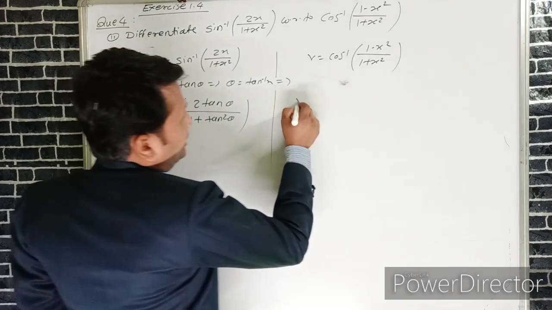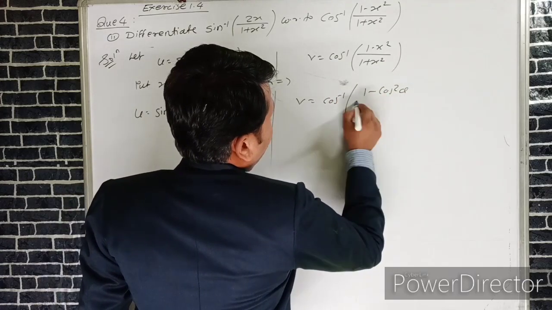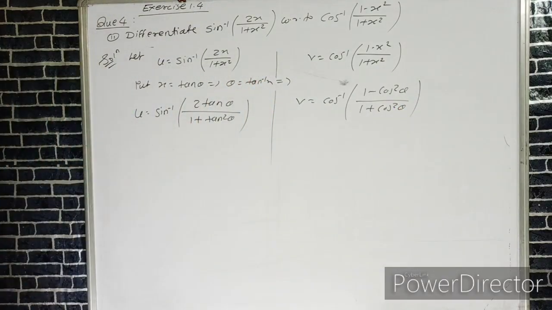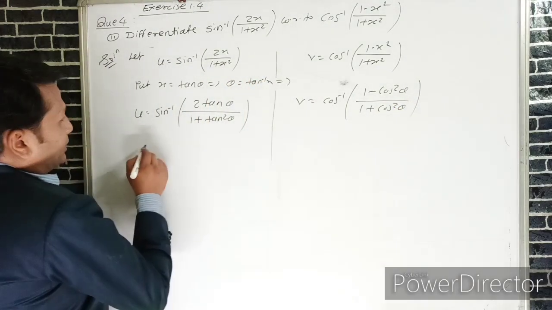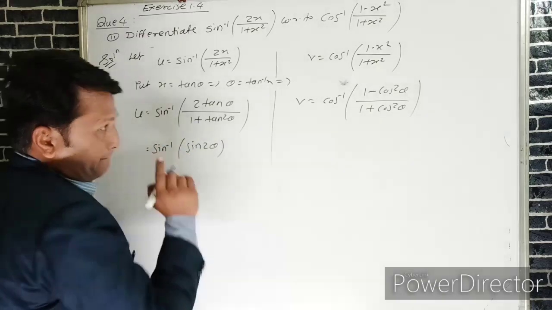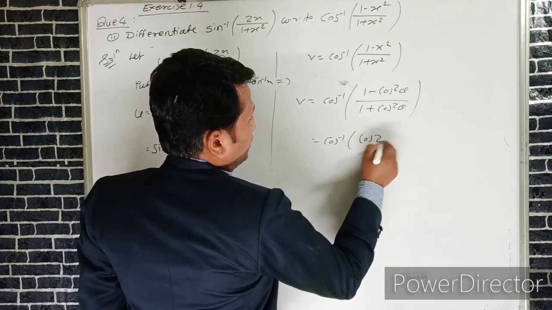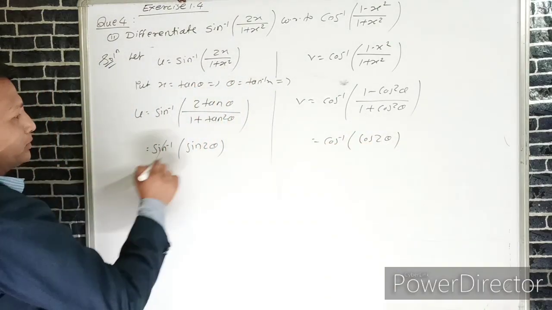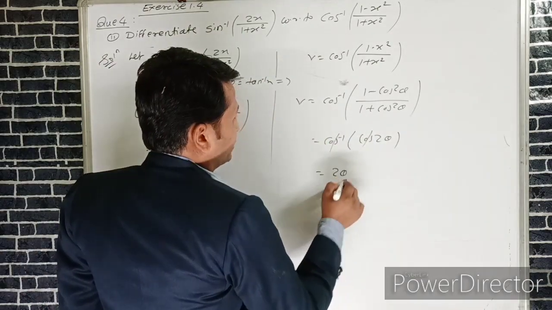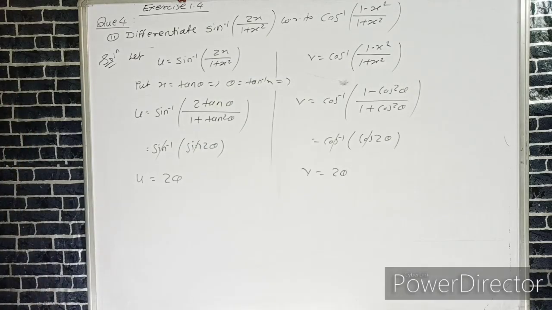Here again we can write v is equal to cos inverse of 1 minus tan square theta upon 1 plus tan square theta. 2 tan theta upon 1 plus tan square theta is sin 2 theta. This can be written as cos inverse of cos 2 theta. Here sin inverse sin cancels, remaining 2 theta. Here cos inverse cos cancels, remaining 2 theta. So v is equal to 2 theta and u is equal to 2 theta.